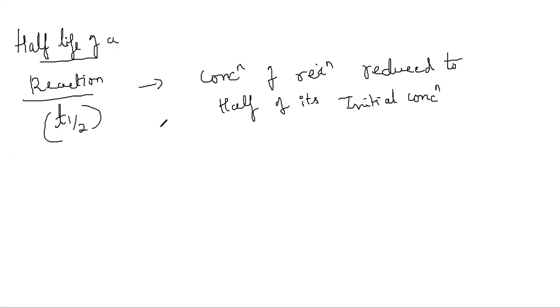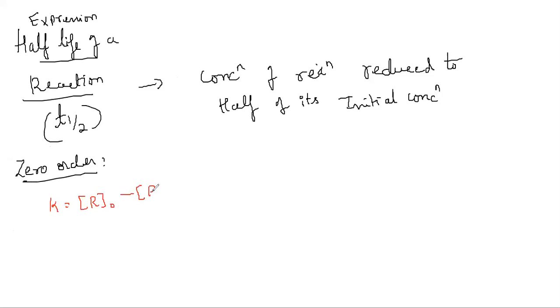Okay, so here also we have to derive the half-life expressions for zero order and for first order. First, for zero order, we'll take the expression for half-life of a zero order reaction. We take the zero order equation, that is k is equal to, as we just derived, (R naught minus R) divided by t.